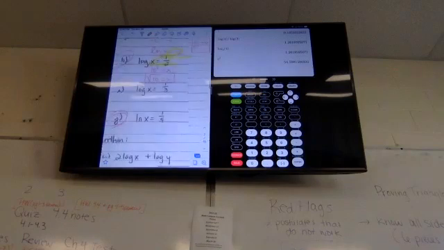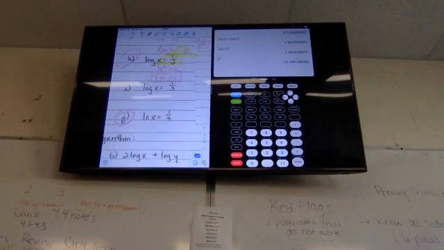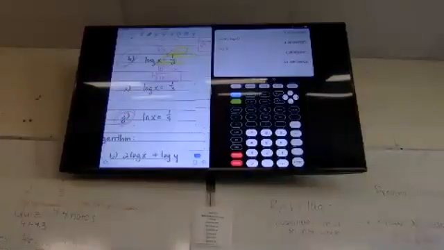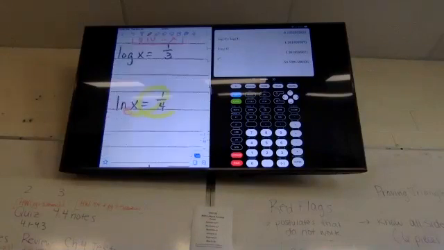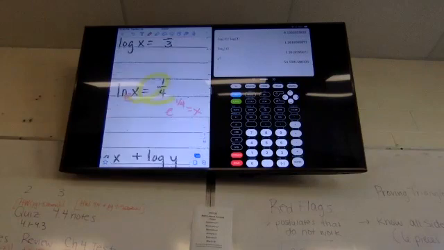We're going to do one more with a fraction in it, but this time it's not log of x, it's ln of x. So what's my base going to be here? e. And when I do my log roll, what's it going to be in exponential form? e to the 1/4 equals x. You can leave it as e to the 1/4 equals x.